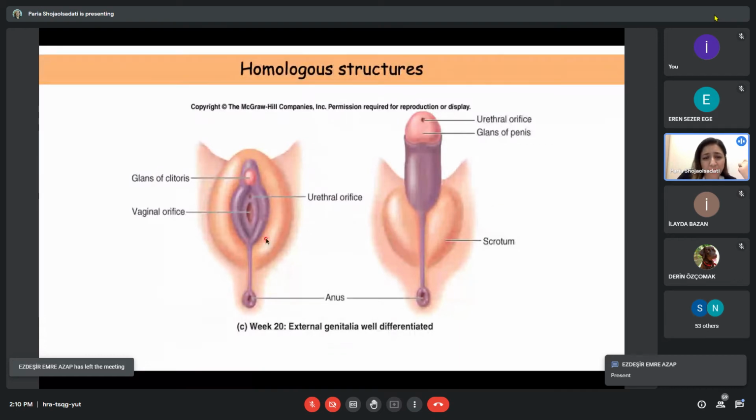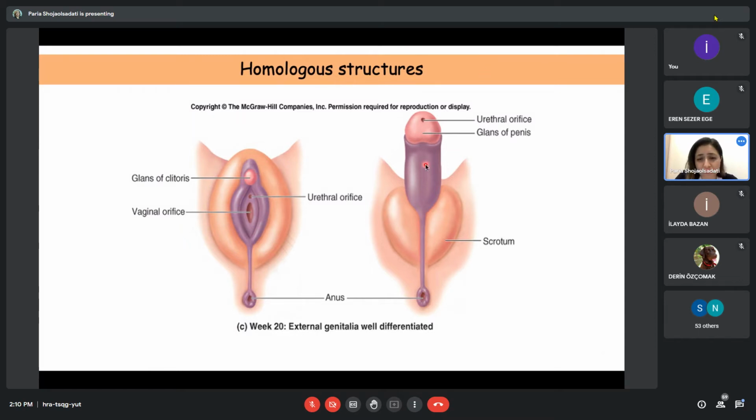The clitoris or glans clitoris in the female is the homologue of the penis in the male, and the labia majora in the female is the homologue of the scrotum in the male.